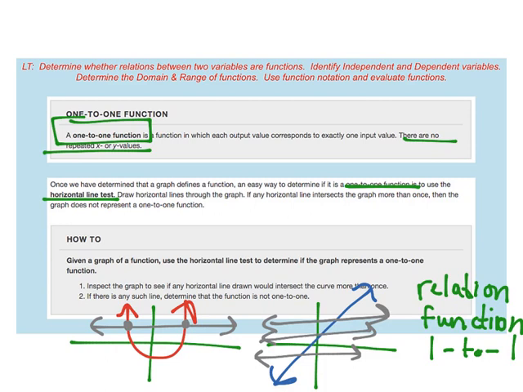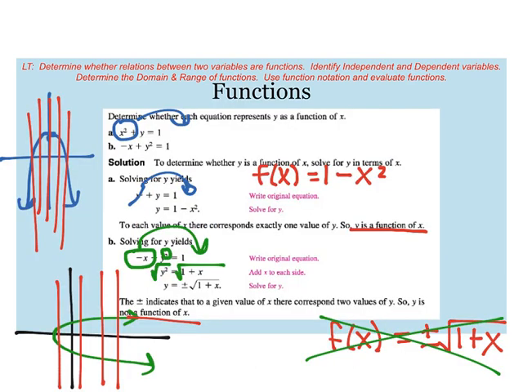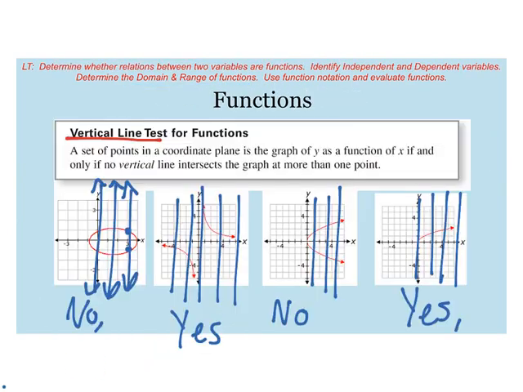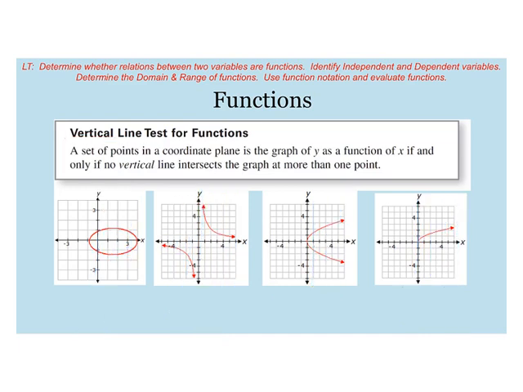If you want some more examples of that, then you can look at these visuals, or back up a couple of slides, and we can determine all of these things. So first of all, this is not a function, so it can't be one-to-one. This was a function.